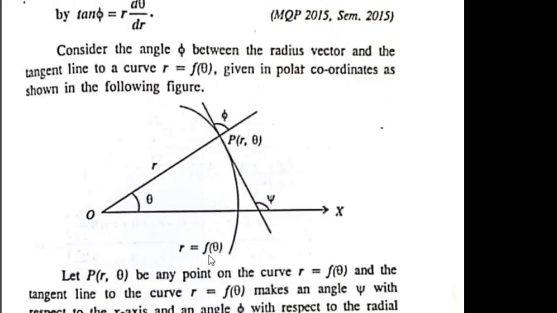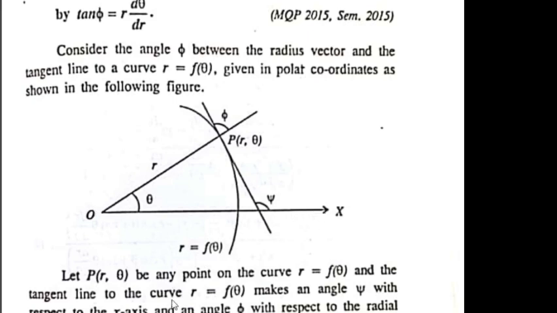Here this is a polar curve, given by the equation r is equal to f of theta. This is a point P of r theta on this curve. Then join O and P. This is the radial distance, that is r, and this is the angle theta made by this line with the initial line or x-axis.